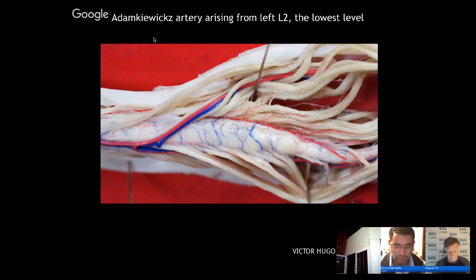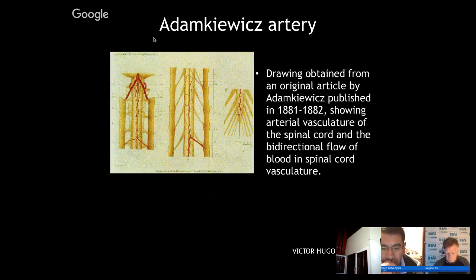This is a lateral view of this artery. We are displacing the nerve roots, and you can see in this picture the posterior spinal artery. This is a drawing obtained from an original article by Adamkiewicz, published in 1881-1882, showing the arterial vasculature of the spinal cord and the bidirectional flow of blood in spinal cord vasculature.